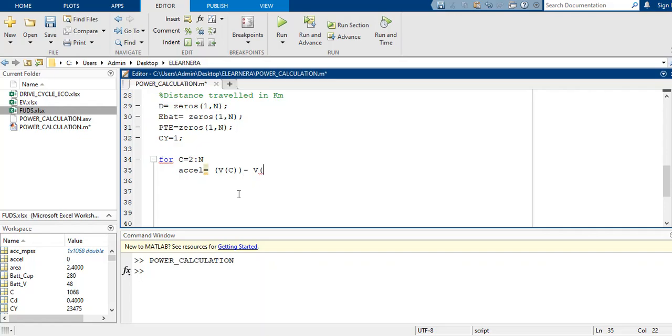Here we are using C minus 1 because the formula is final velocity minus initial velocity is equal to the acceleration. So we are dividing by 3.6.